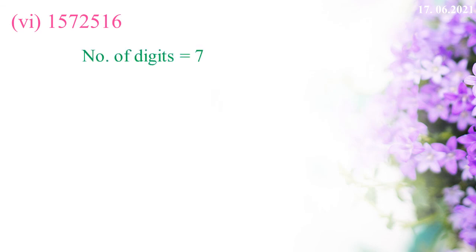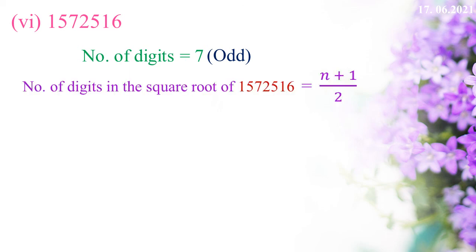Let's see how many digits are in the square root of 15,72,516. Here, the number of digits is 7. 7 is an odd number. If the number of digits in the perfect square is odd, the number of digits in the square root will be n plus 1 by 2.